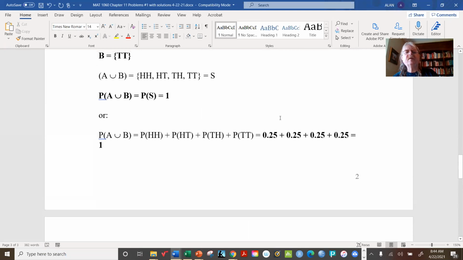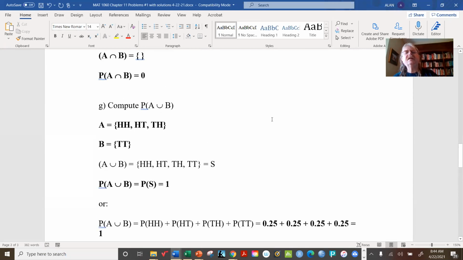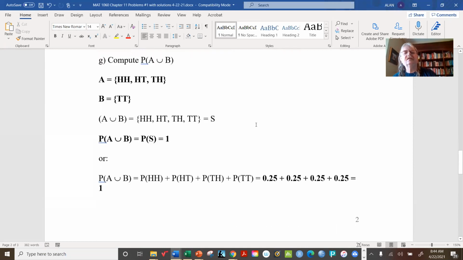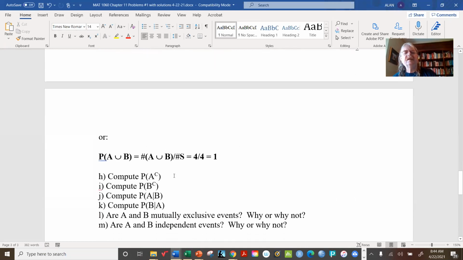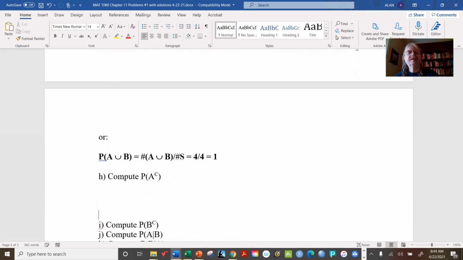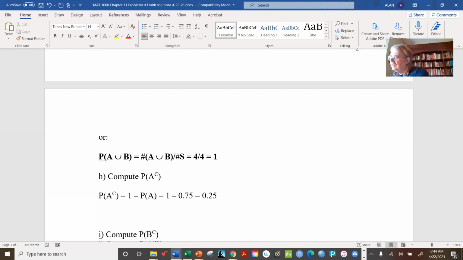Now, once you've got those probabilities established, it's easy to calculate the rest of these because they're just based on what we've just done. Okay, so for example here, you might recall this is a job for the complement rule. It's just 1 minus P(A), which you recall from before was 0.75. So this one is just 0.25, and that's all you have to do.